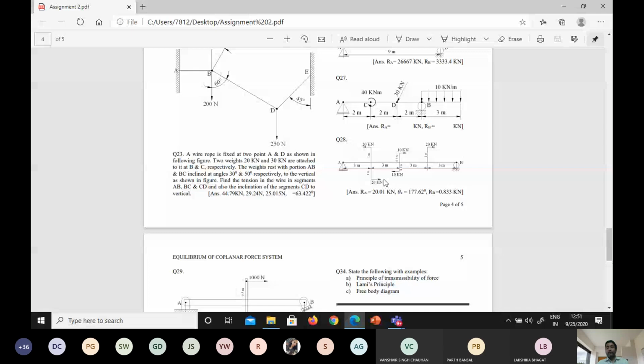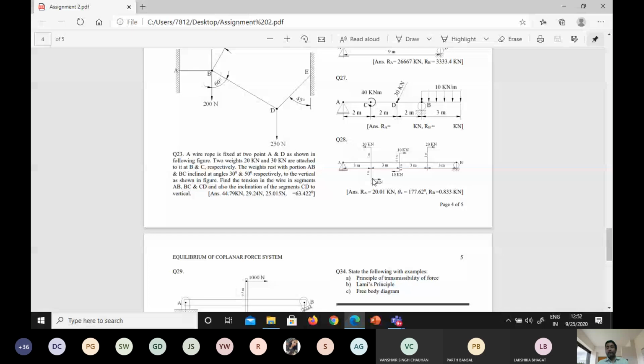So you have to see there 40 into 1 plus 1. This is the point where the couple will rotate, but the distance is how much? 1 plus 1, that is into 20. That will be how much? 20 into 1 plus 1, that is 40. Okay, right? Similarly, you are saying right, but I just want to explain it.